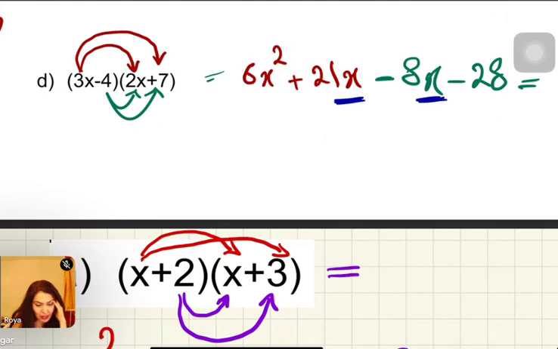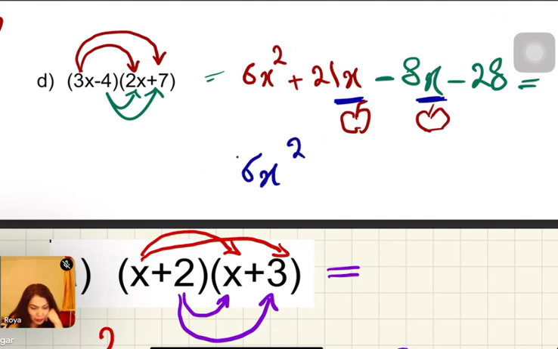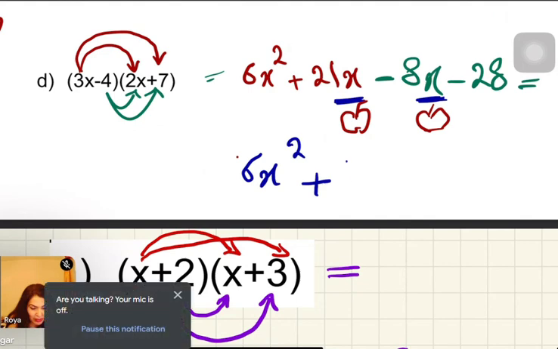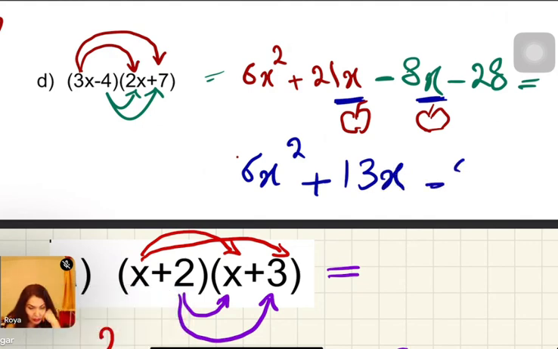These two are the same. See, it's like an apple. 21 apples minus 8 apples. So the final answer is going to be 6x squared plus 13x minus 28.